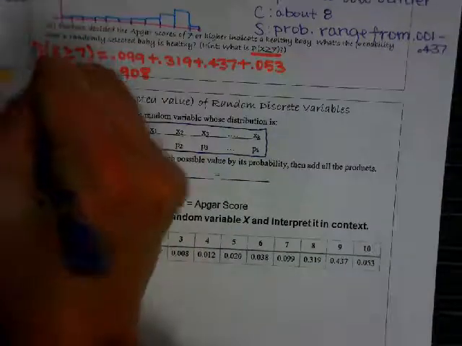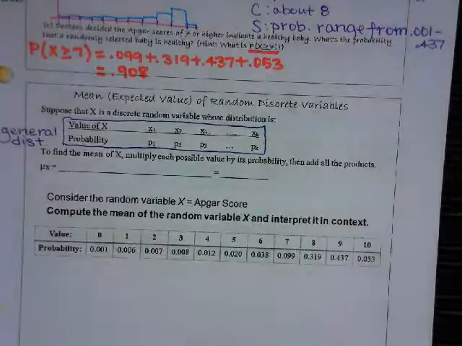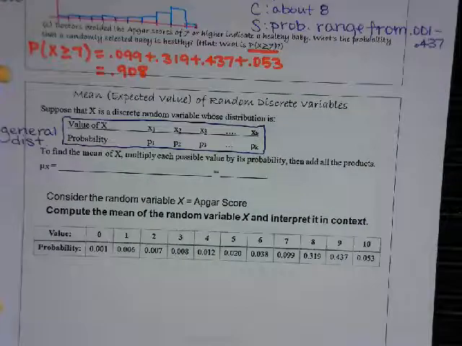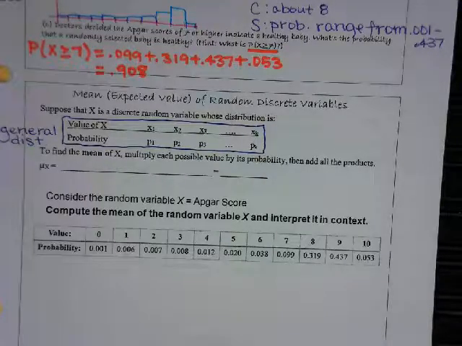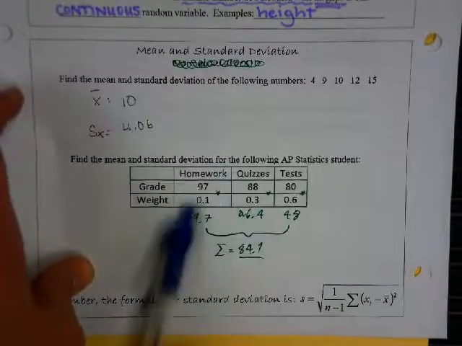To find the mean, we multiply each possible value by its probability and add them all together. That's like Nate showed us back here to figure out the kid's grade in AP Stats. We took the score times the percent, the weight in class that makes up the grade, and then he added them all together to figure out the kid's grade. So that's what we do here.